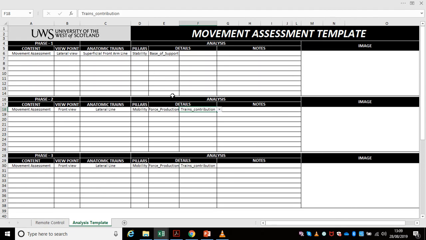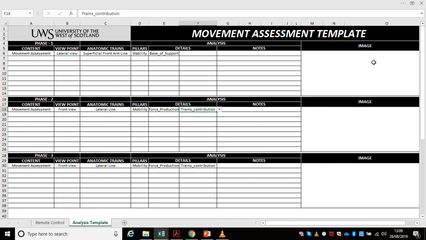You can see that the template is characterized by two main parts. The first one, to the left or the middle, is where you can select, and shortly I will show you how to use it, by using drop-down menus, the specific characteristics you want to pick up.